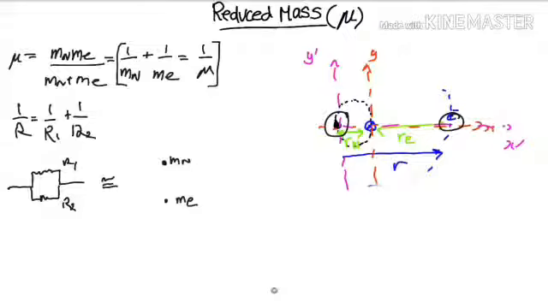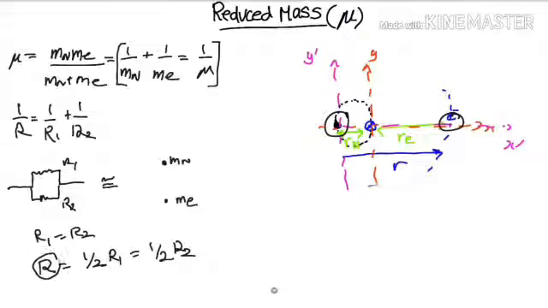In order to find the reduced mass, why is this reduced? Because I want to find the combined mass, but instead of finding the combined mass, I'm finding the reduced mass. Why are they reduced? Because if you notice here, both resistors R1 and R2 are equal, the total resistance here is equal to half R1, or you can say is equal to half R2.